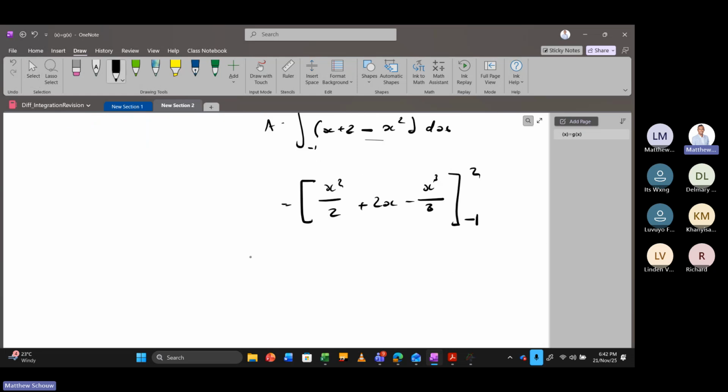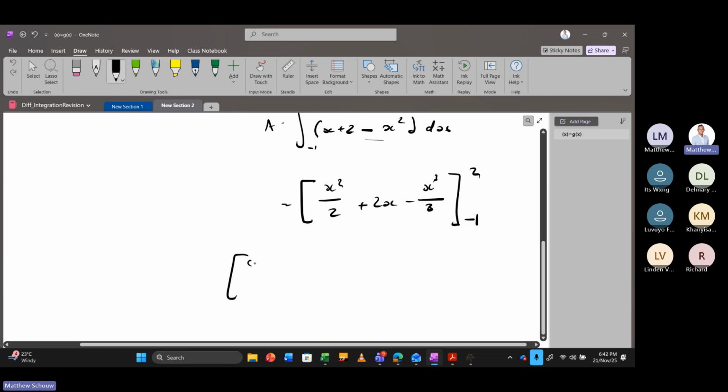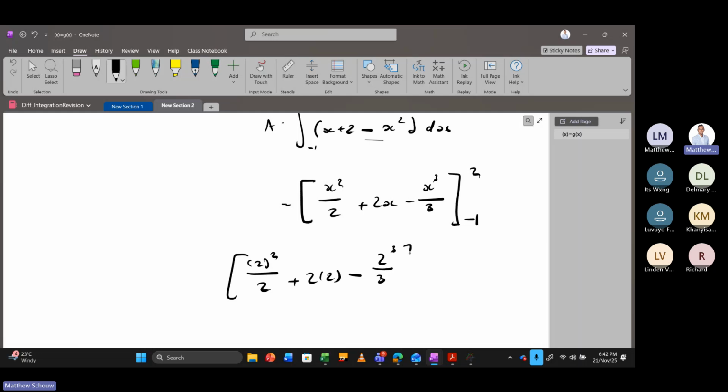So we substitute positive 2: 2 squared divided by 2 plus 2 times 2 minus 2 cubed over 3. That will be my first value. Minus now, if you guys remember, you have to subtract the second one. That's going to be -1 squared divided by 2 plus 2 times -1 minus -1 cubed over 3.